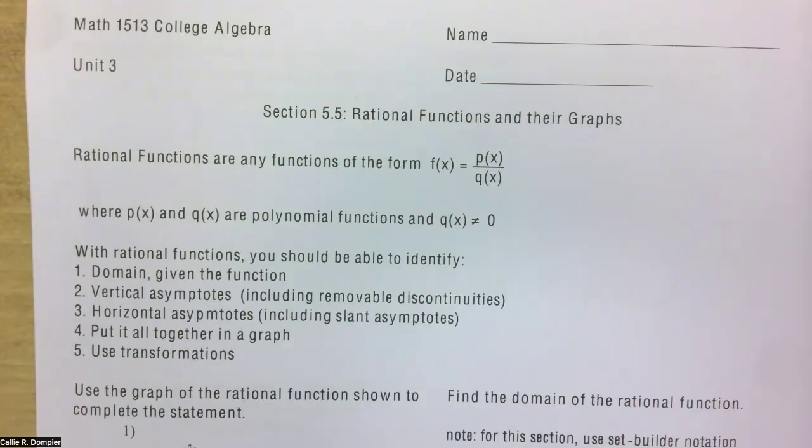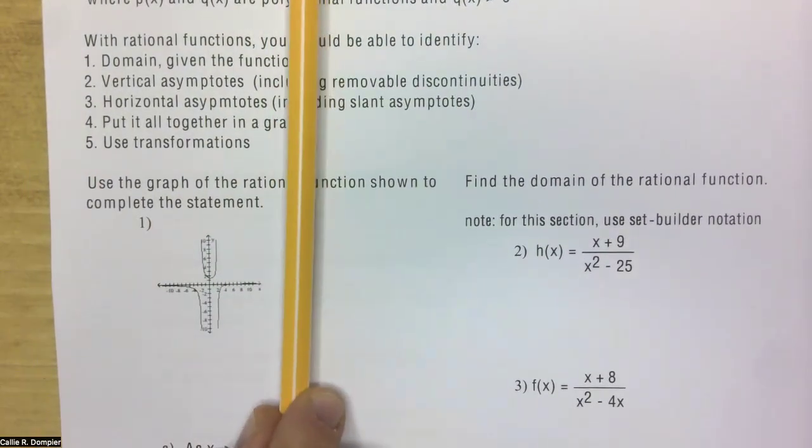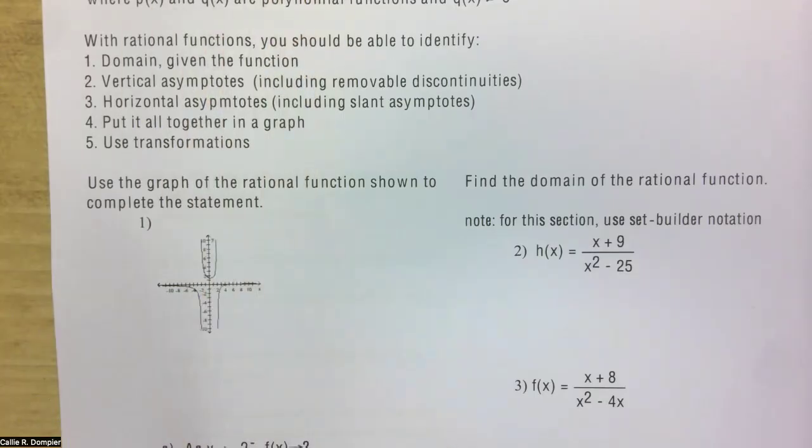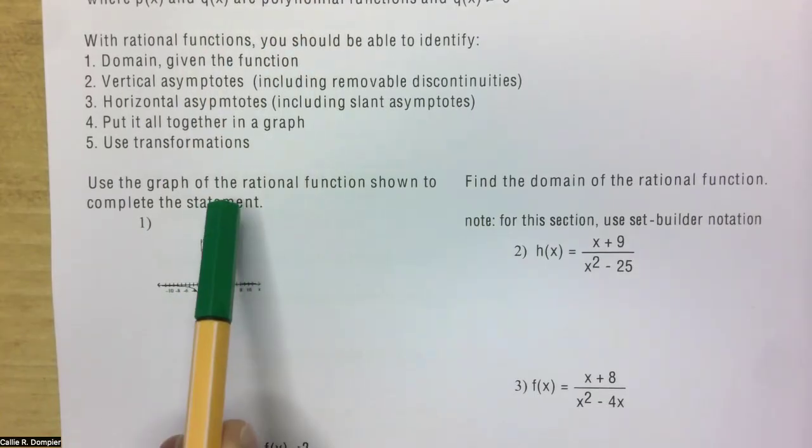Okay, so when you have a rational function, we are going to learn how to identify the domain, identify vertical asymptotes. Vertical means up and down, right? A vertical asymptote is a line that the graph never crosses.